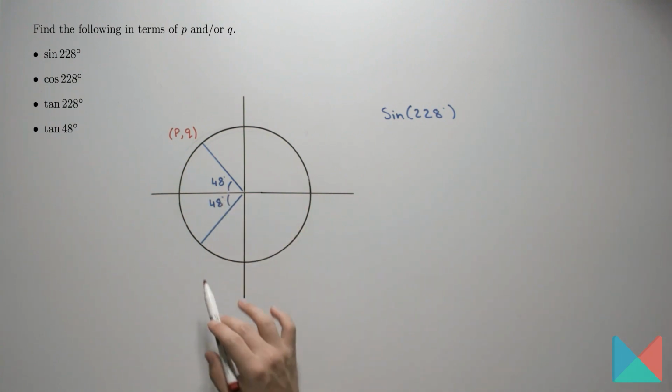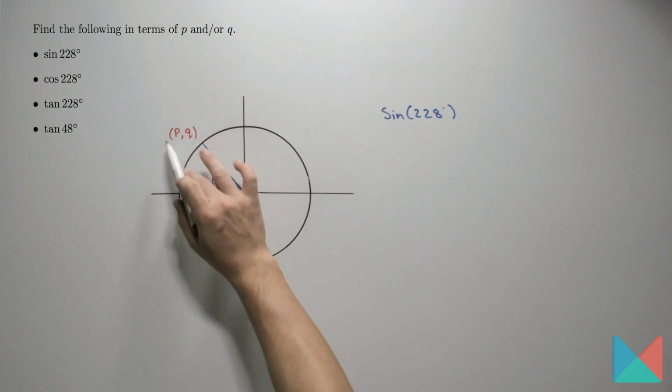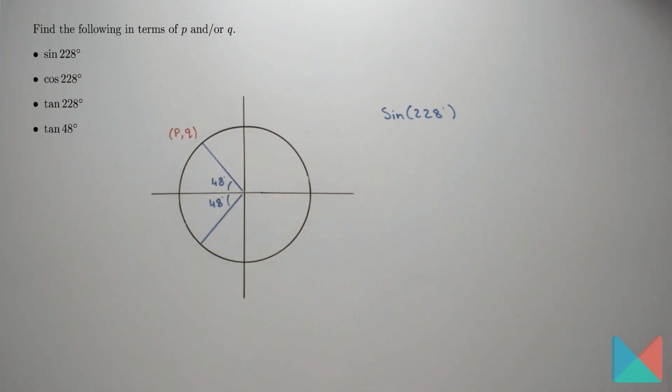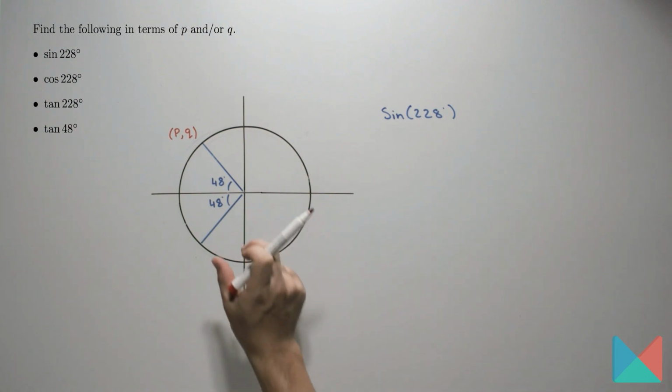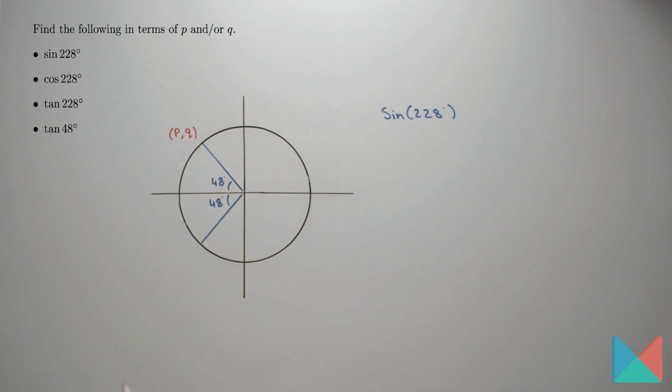Now that we have found a relationship between our two angles, we can start to find what our coordinates will be in terms of P and Q for our angle of 228 degrees. This is going to be related to our coordinates in our second quadrant. The way we're going to find our x component for 228 degrees is by considering that the two bases of our triangles will be the same length, and our base is related to the x component of this coordinate here.